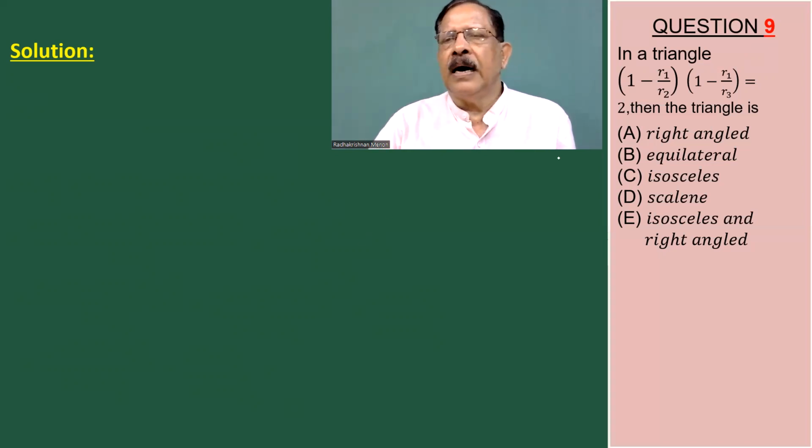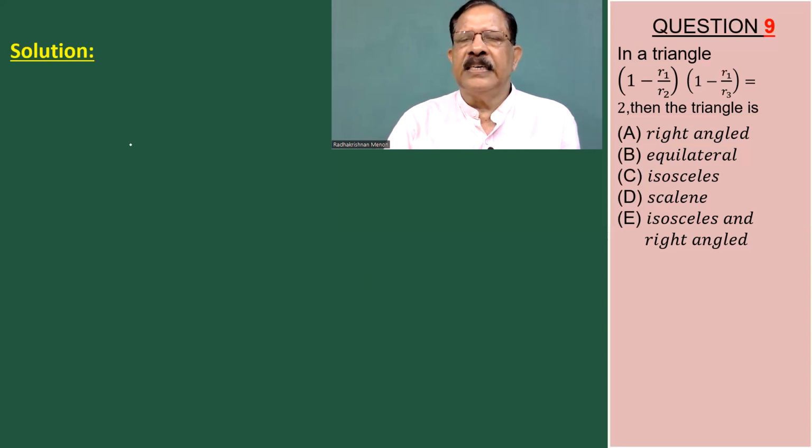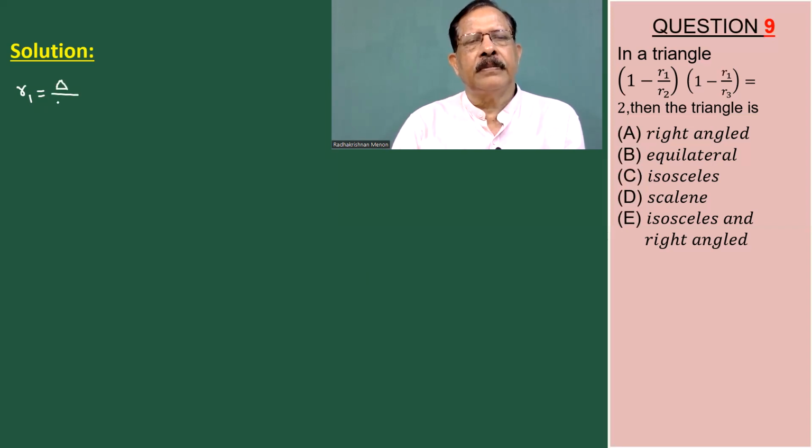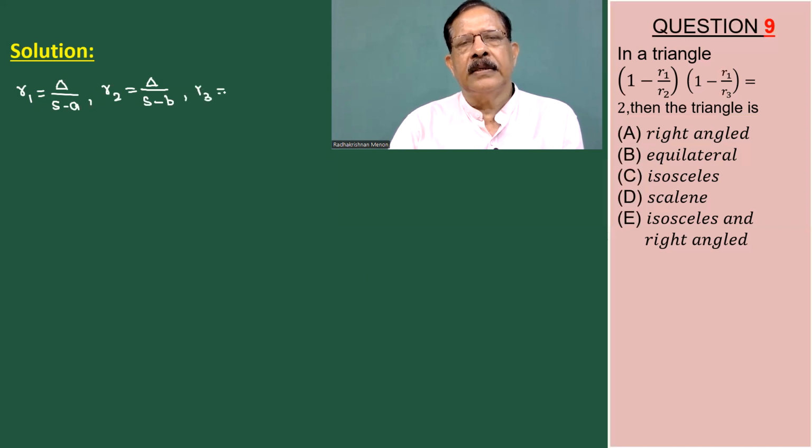So R1, R2, and R3 in a triangle. The formula is R1 is equal to Δ/(S − A), where Δ is the area of the triangle. You can use this formula to find the area of a triangle. R2 is Δ/(S − B), R3 is Δ/(S − C).